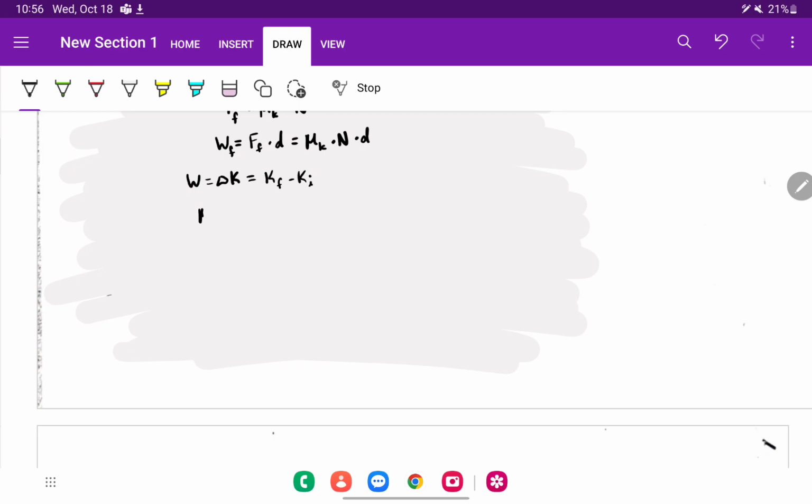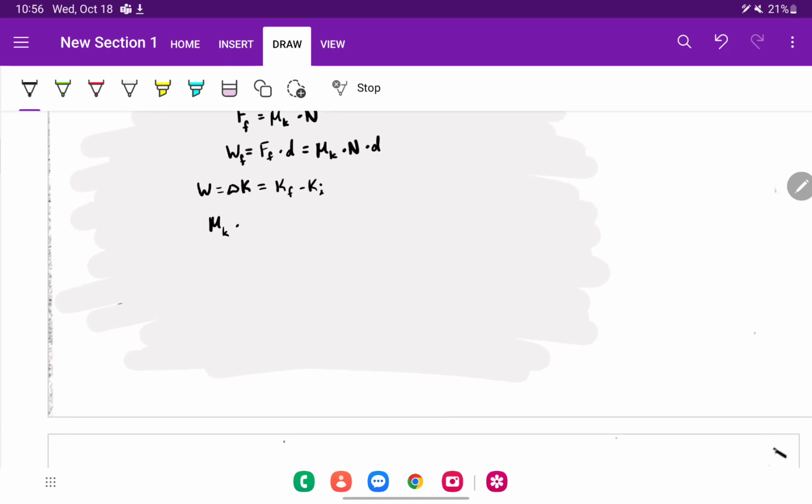So we can plug a bunch of stuff in now. We can say that work is our coefficient of kinetic friction times our normal force. In this case, the block is on a surface with a weight going down and nothing else acting on it in the vertical direction. So the normal force is just the opposite of the weight, so it's going to be mg. And then our distance d, traveled along friction.